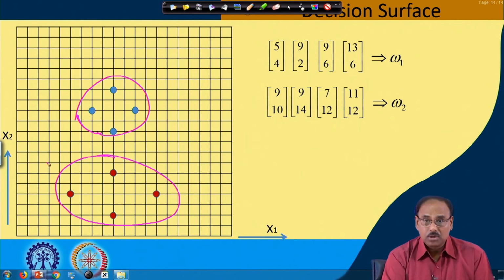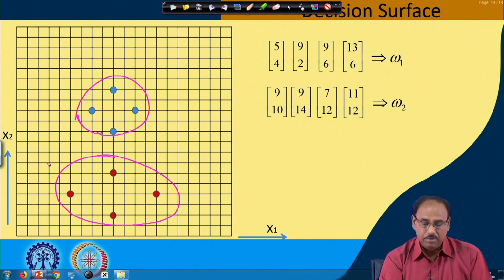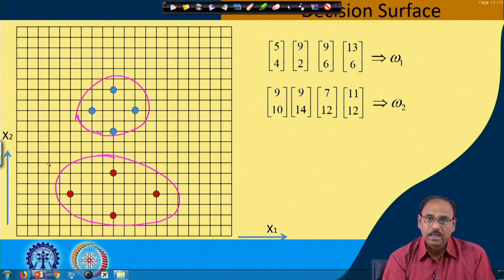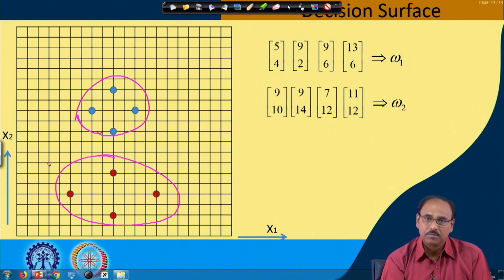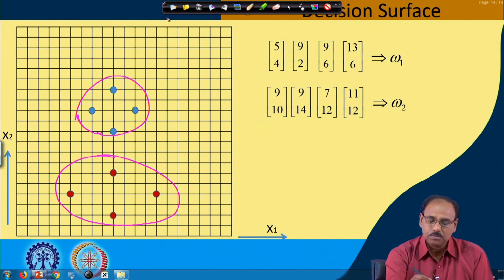As we have done before, given these feature vectors, I can compute mu_1 and mu_2, the mean of feature vectors taken from class omega 1 and class omega 2.